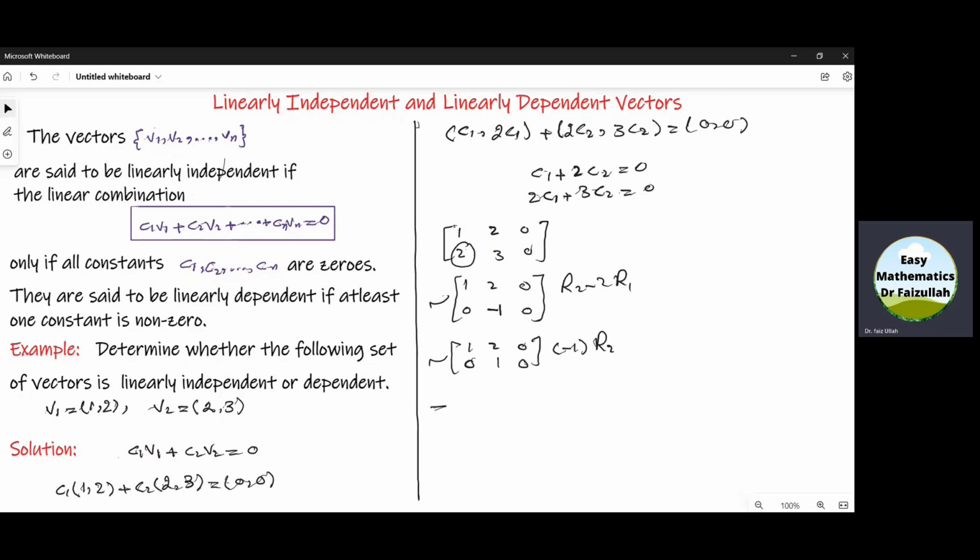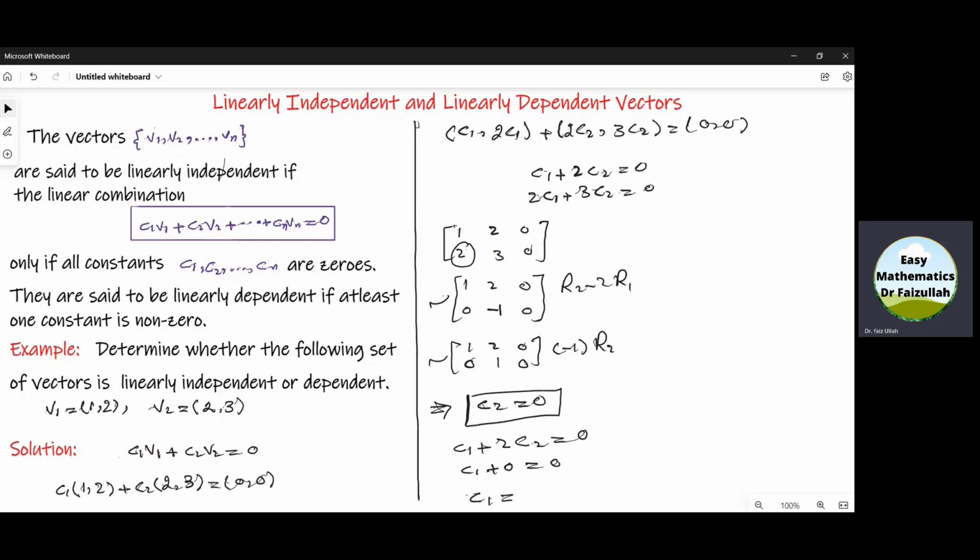Now by backward substitution, we get C2 equal to 0. And then from the other equation, we get C1 plus 2C2 equal to 0. But as C2 is 0, we can write C1 plus 2 into 0 is 0, which is equal to 0.